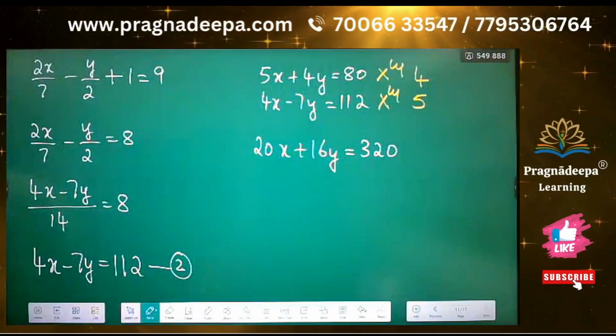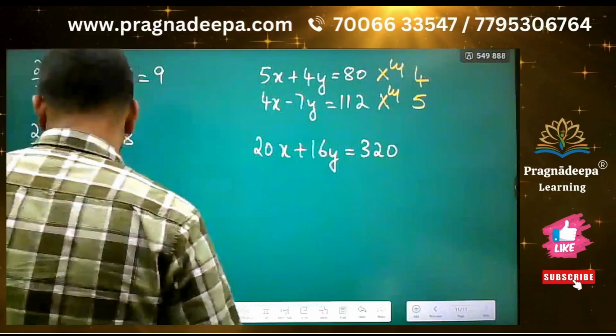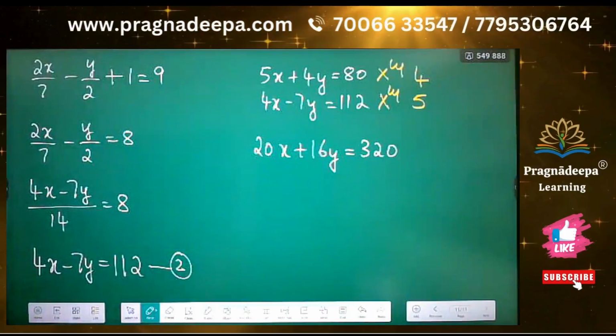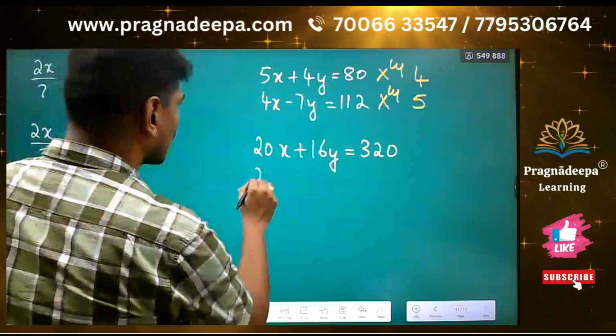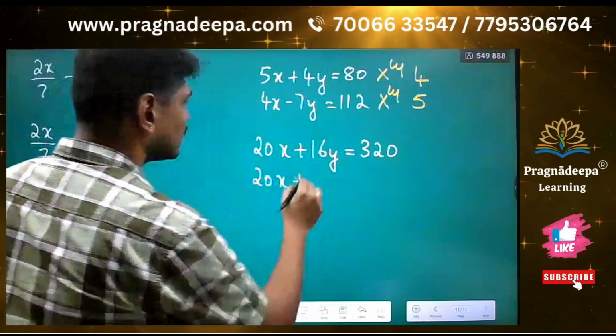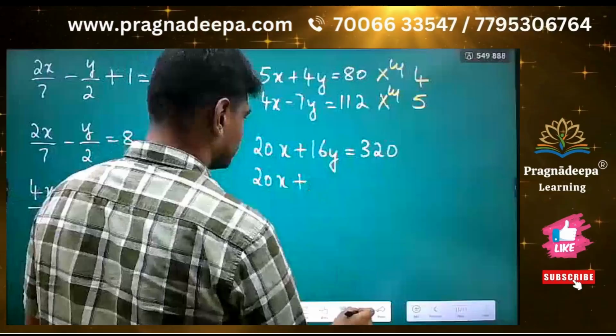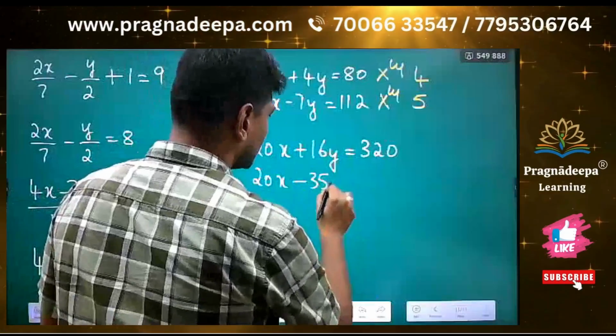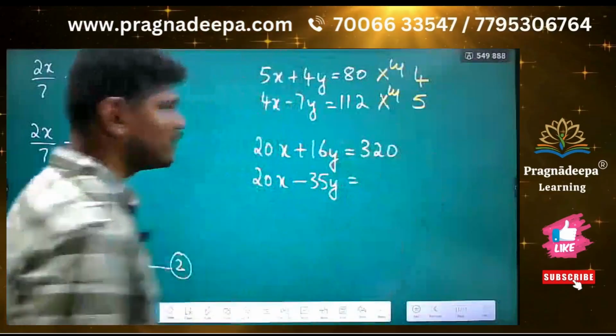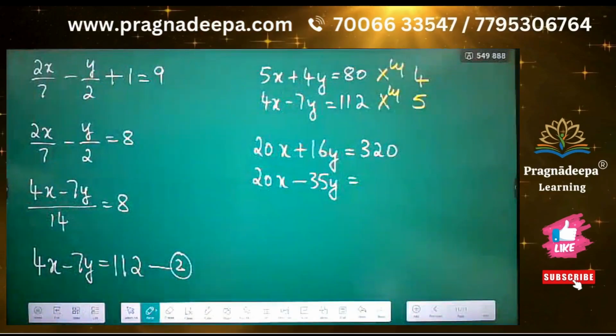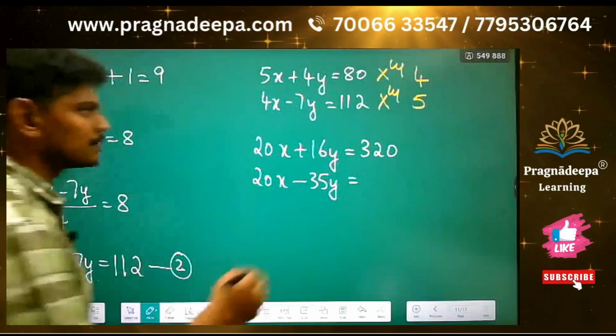Now you multiply 5 to the remaining terms. What happens? 20x minus 35y, sorry, 7 fives are 35y is equal to 112 multiplied by 5, how much is it? 12 fives are 60. 560, right?